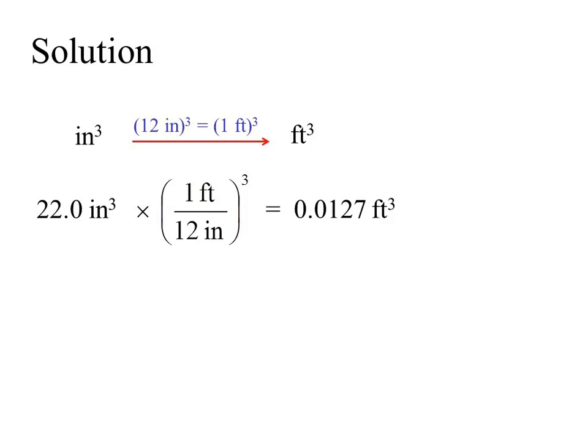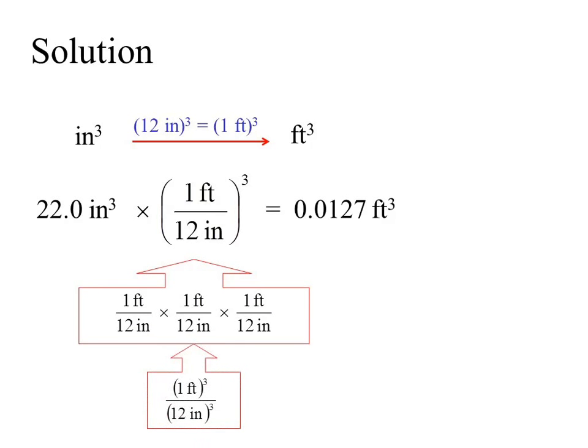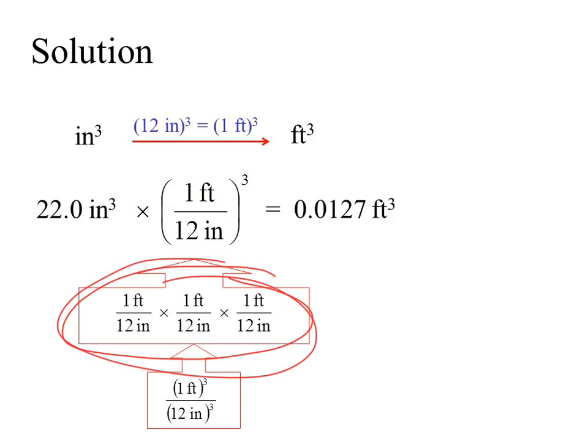Does that make sense? This is where it's easy to get blindsided. Actually, my favorite one is this one right here. Instead of writing 1 foot over 12 inches raised to the 3rd power, I like to write 3 terms. I like to see them all. That's actually what I wrote.